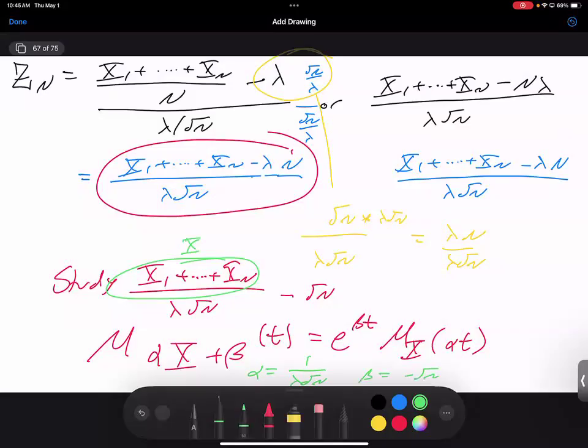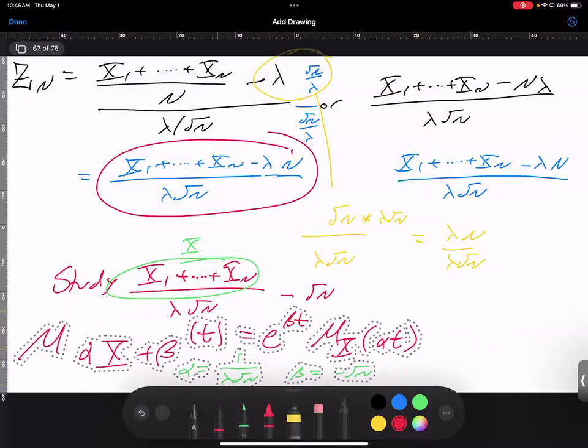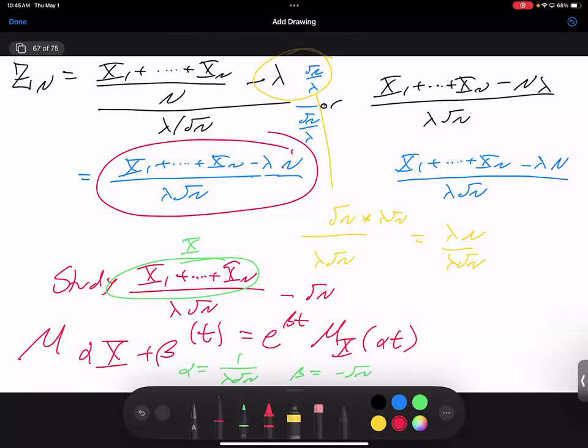That's just going to be negative square root of n. So when we plug that in, just move it over so we have a little bit more space. So when we plug that in, we get e to the beta t. So it's going to be minus square root of n t. And then the moment generating function of x at alpha t. So it's going to be t over lambda square root of n. Okay.